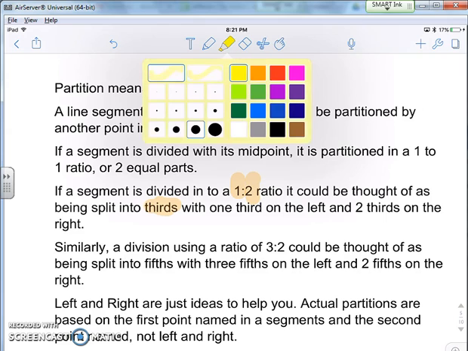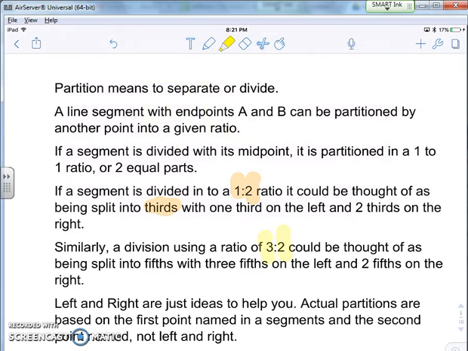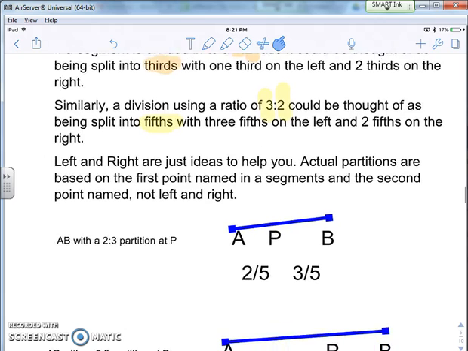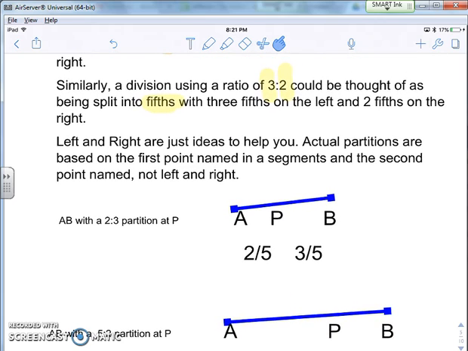So we see down here, when we talk about a 3:2 ratio, we're really splitting it into fifths. So when you turn a ratio into a fraction, you need to add those two to get the denominator. In a 3:2 ratio, we would have 3/5 first and 2/5 second. It's really not left and right. That's just to help you kind of get an idea of how it goes.